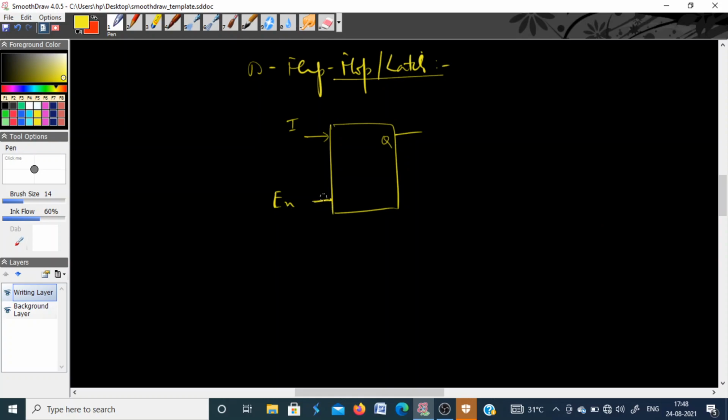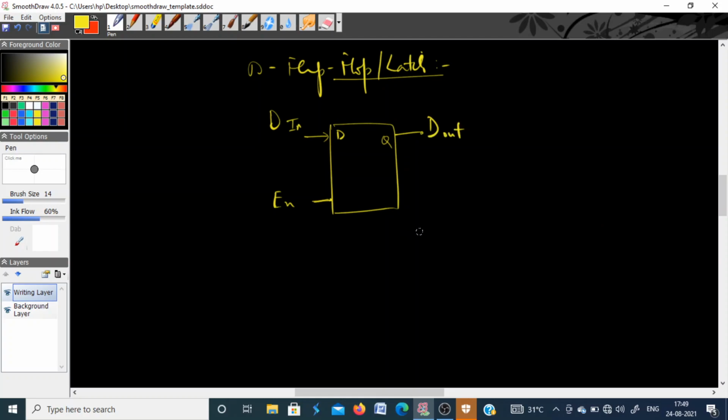As long as your enable pin is at logic 1, whatever input comes appears at the output. We generally call D the input and Q the output. So this is D in, this is D out, and this is my enable pin.